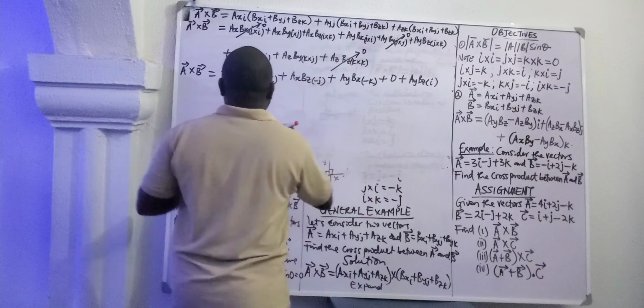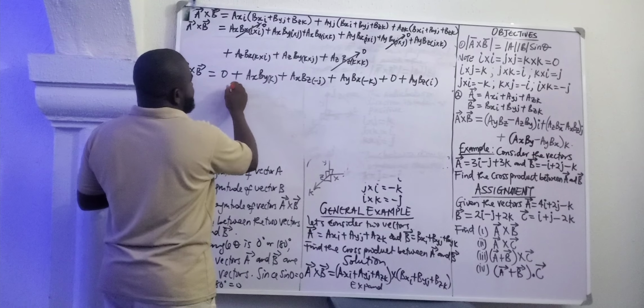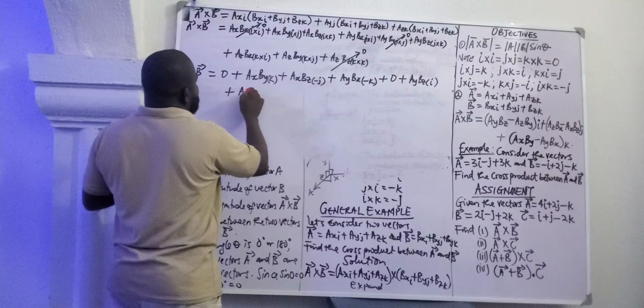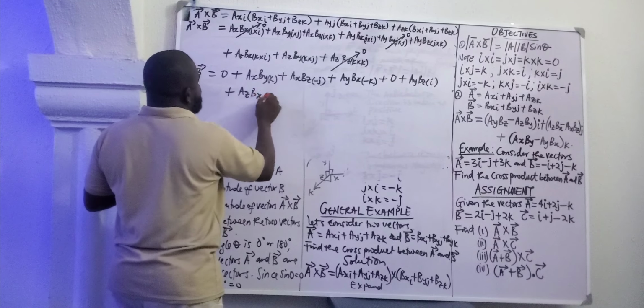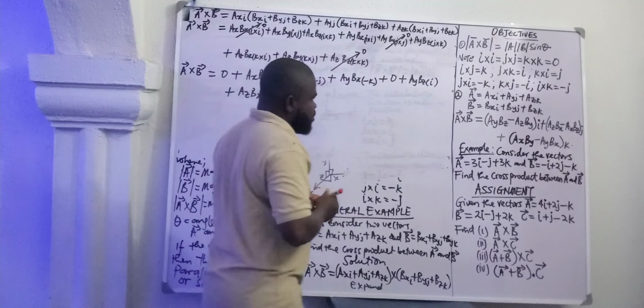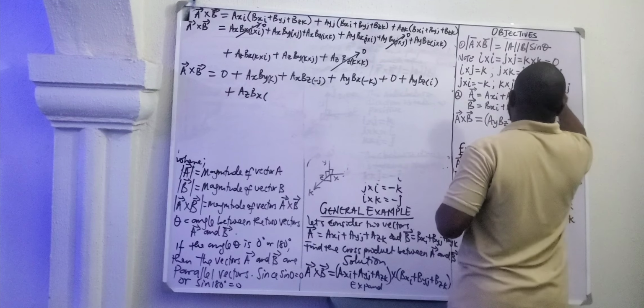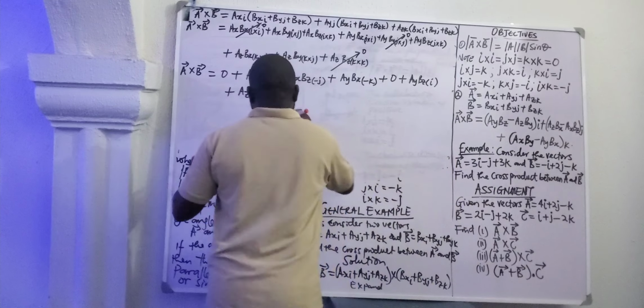And then I have plus AZ BX k cross i. What is k cross i? K cross i is j. I replace it with j.